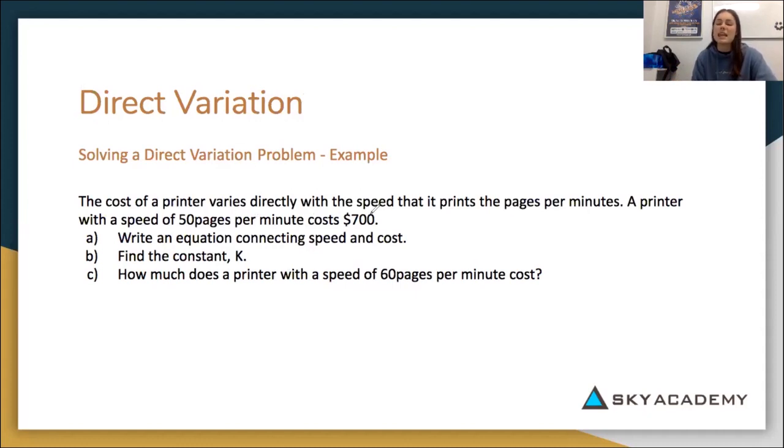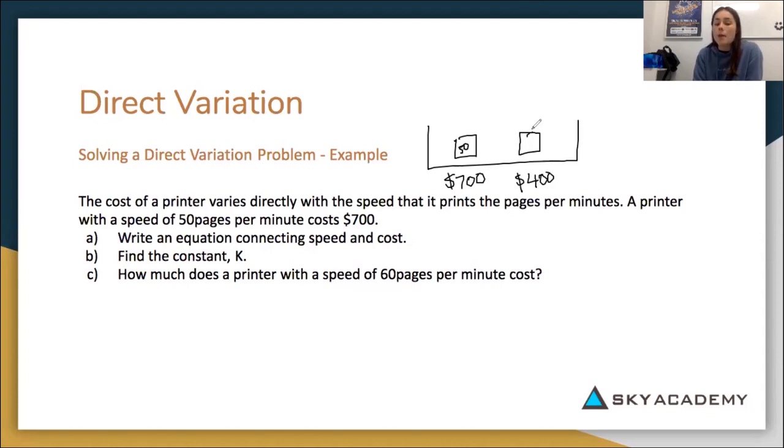Say we see on a shelf in JB Hi-Fi one printer with a cost of $700, and on the printer it says it prints 50 pages per minute. Then we see a second printer which costs $400, but we don't know how many pages it prints.